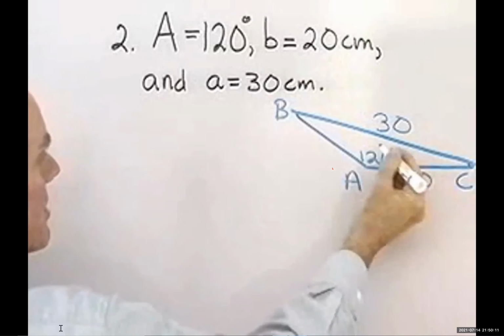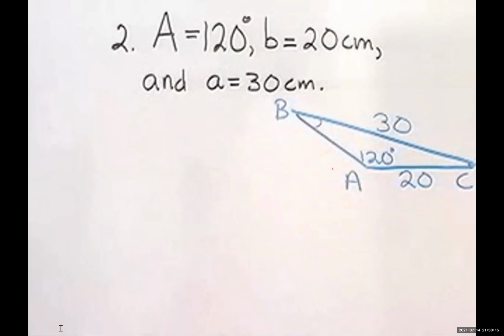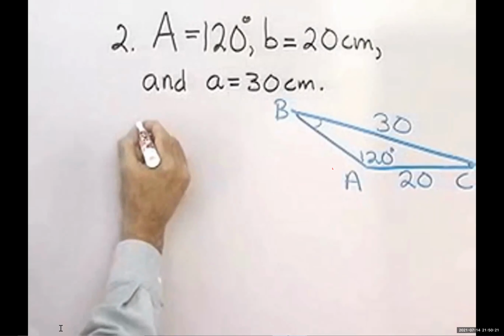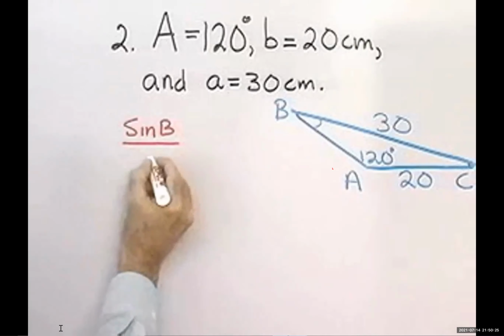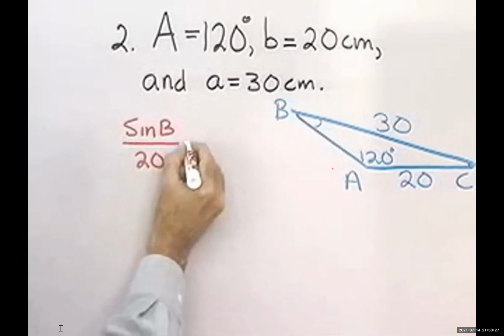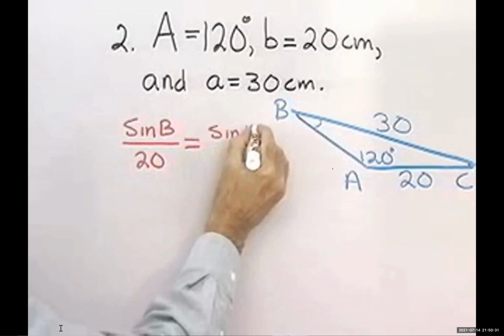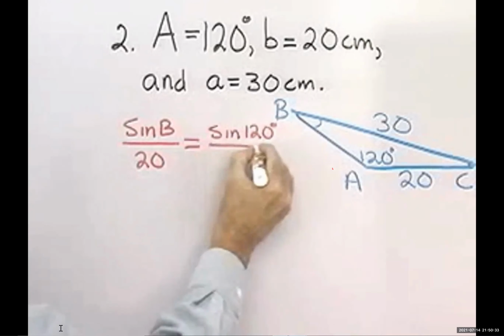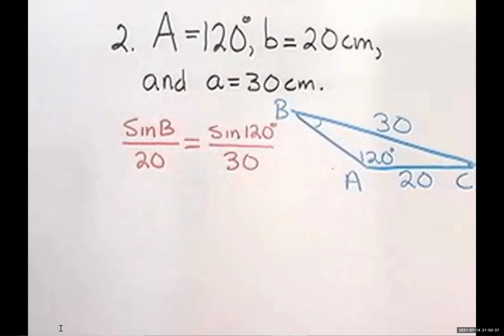And I'll look here and see what can I solve for first. Again, the only possibility with the law of sines is solving for angle B. So I'm going to say the sine of B is to the length of the side opposite, which is 20, as the sine of angle A, sine of 120, is to the length of the side opposite, 30.